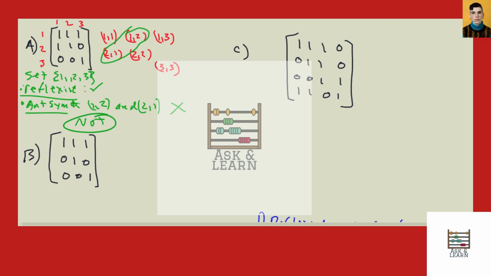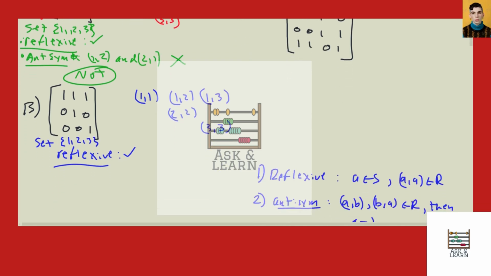Okay, now let's check out B here. So let's write it out real fast. So it should be 1, 1, 1, 2, 1, 3, and then we have 2, 2, and then just 3, 3. All right, so it is reflexive. That one checks out because we have 1, 1, 2, 2, and 3, 3, and our set for this is also going to be 1, 2, 3.